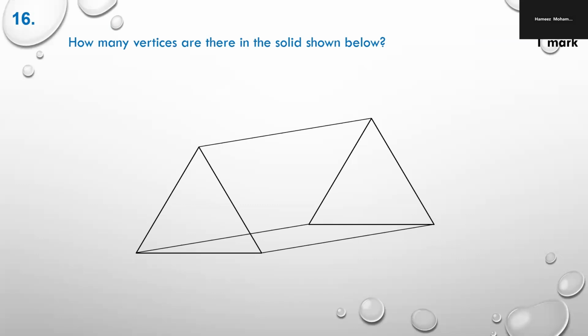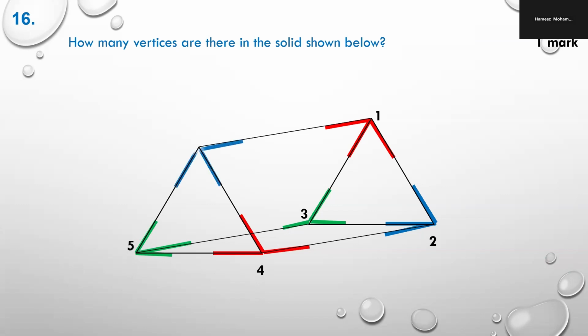So how many vertices, the plural of vertex, are shown below? Well, let's see. We have 3 edges meeting there. That's 1. We have 3 edges meeting in blue. That's 2. Let's look at the back one in green now. We have 3 vertices. And in red, we have the 4th vertex. And in green, we have a 5th vertex. Is that all? No, we have 1 more. And over here, we have 6. So there are 6 vertices in this shape.